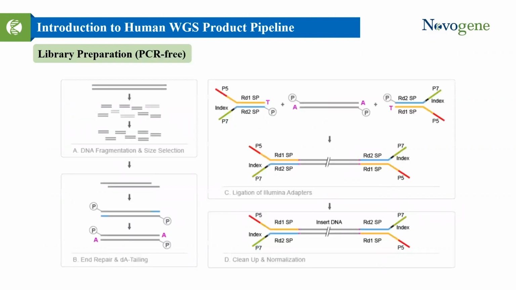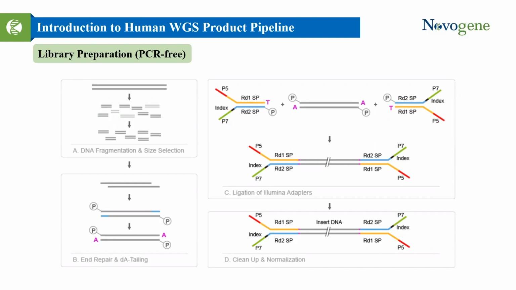And in this slide is the PCR-free library. That is a bit different from the PCR mode. In this mode, we add adapters directly to both sides of the DNA fragments.